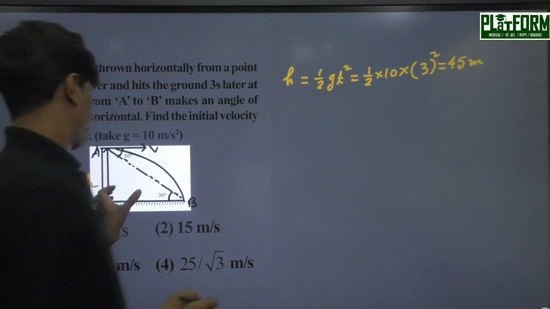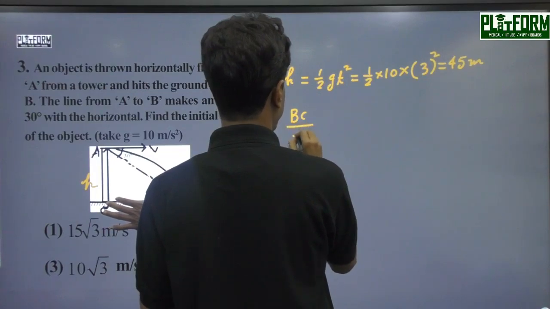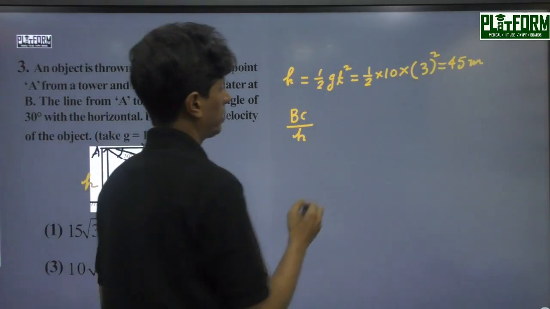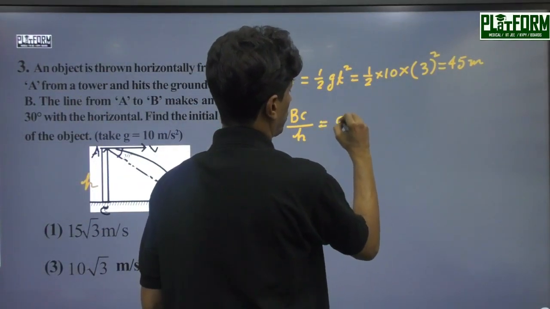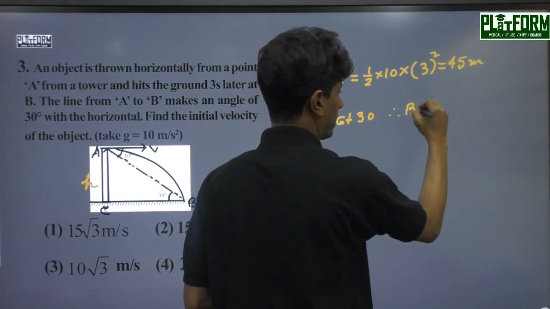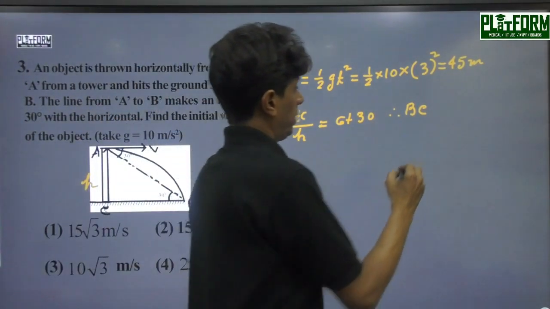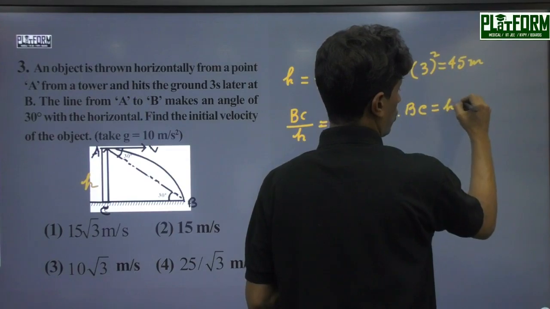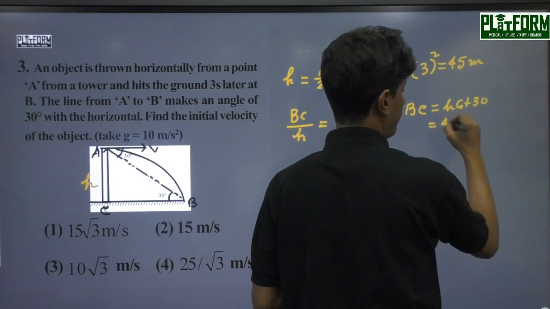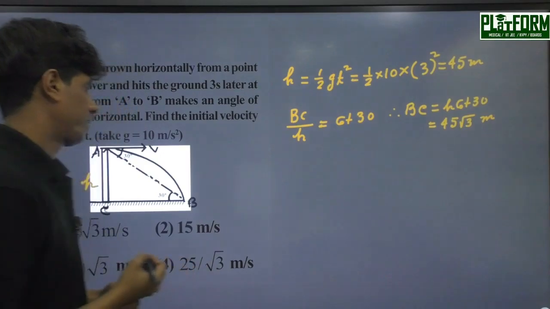And we can say BC by h equals cot 30. So BC, that is the horizontal displacement of the particle, equals h cot 30, and it is 45 root 3 meter.